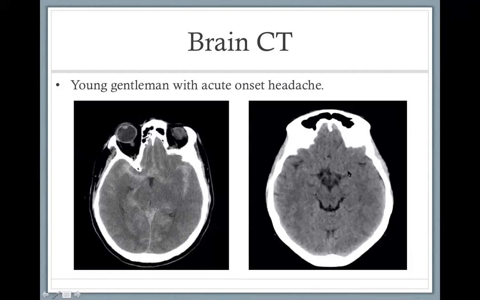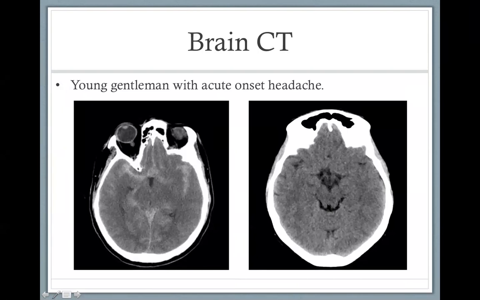Again, it's always good to know what the normal anatomy is. Sylvian fissures should be clear. We should be able to see them, and the same for the CSF spaces and the cisterna anterior and posterior to the brainstem.